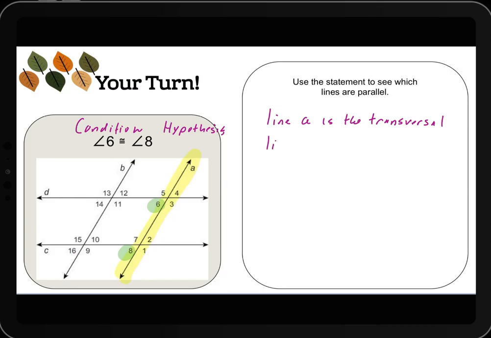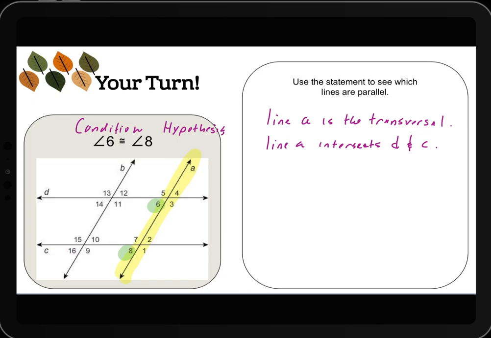Well, we know that line A intersects D and C. We had a problem in the last lesson that outlined how to identify which lines a transversal intersects. Here's an example.